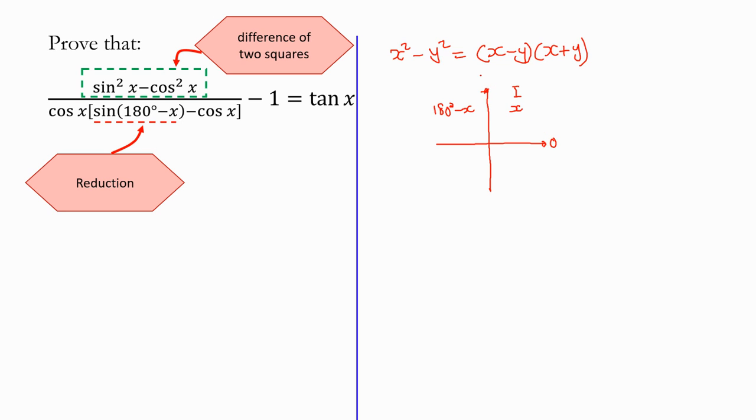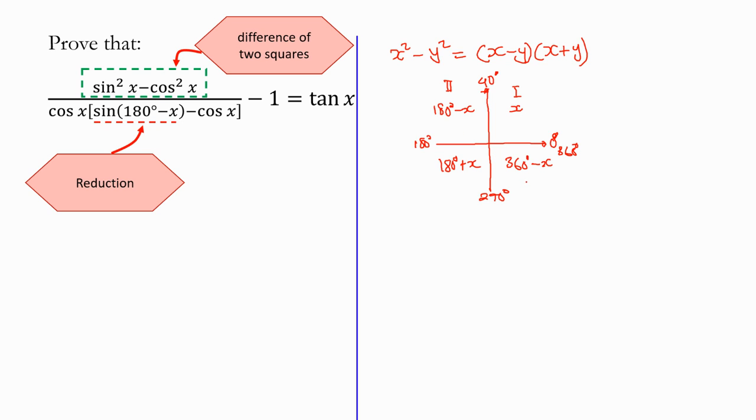This is from 0 to 90 degrees, and then 90 to 180 degrees, 180 to 270 degrees, and then 270 to 360 degrees. Right, and then this is quadrant 2. That's where we find angle 180 degrees minus x. And then here 180 degrees plus x, and then here 360 degrees minus x.